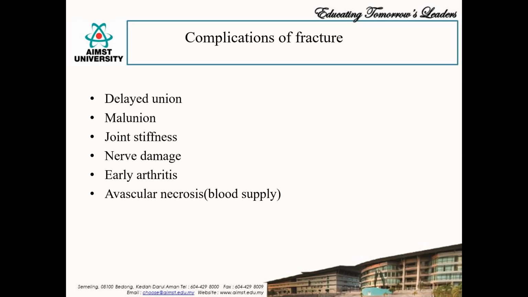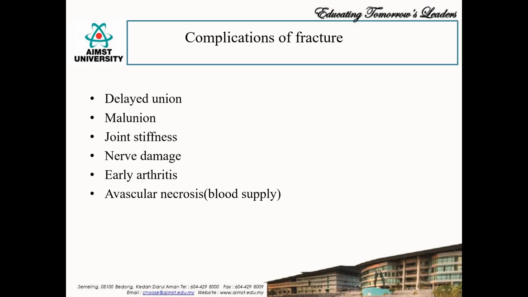In some cases it may go for delayed union. It takes longer than, for example, the lower limb, where 3 months is the normal healing period. Sometimes it takes longer, 4 months, but we can wait up to 6 months.